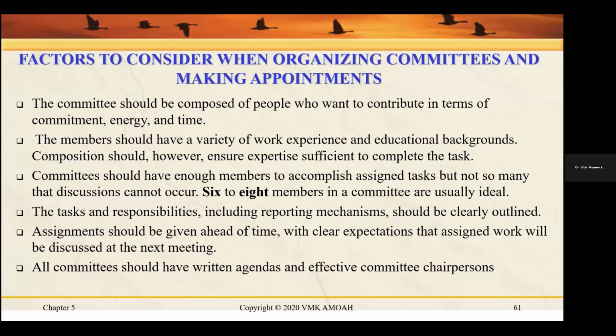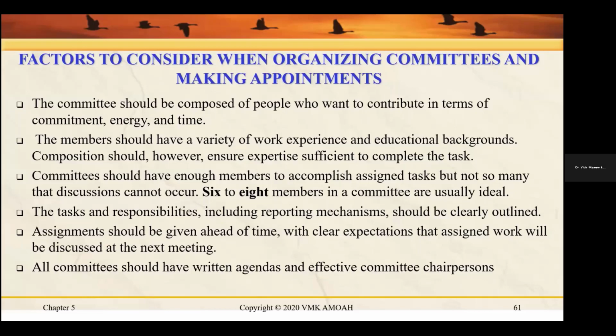Composition, however, should ensure expertise sufficient to complete the task. Committees should have enough members to accomplish assigned tasks, but not so many that discussion cannot occur. So 6 to 8 members in a committee is usually ideal. We don't have a lot of them, no. Otherwise, we cannot even finish what we are supposed to do.